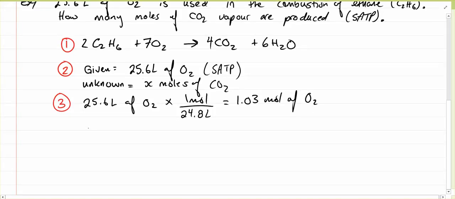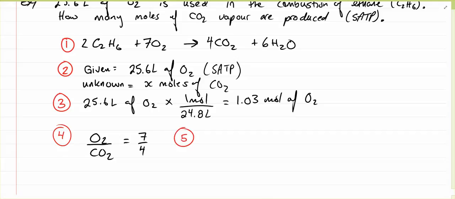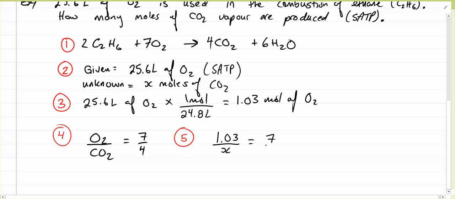So now we're going to do our mole ratio, our given over unknown. So we have O2 over CO2 equals 7 over 4. A fairly unique ratio. Step 5, we substitute: 1.03 over x equals 7 over 4.